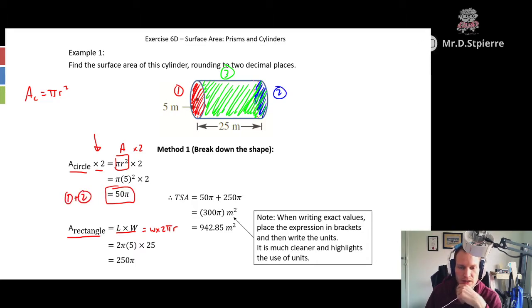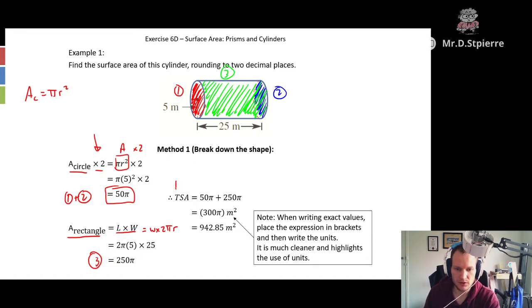We'll use this numbering system, numbers in circles, to label faces a lot. So the circle on the left plus the circle on the right gives me an area of 50 pi. Now the area of the rectangle, which we said is just the wrap when we unfold it, is length times width, where our width times 2 pi r. So we get 2 pi times 5 times 25 is 250 pi. So that's our 3. That's our wrap.